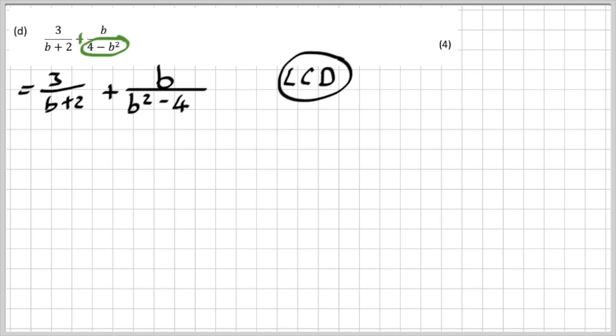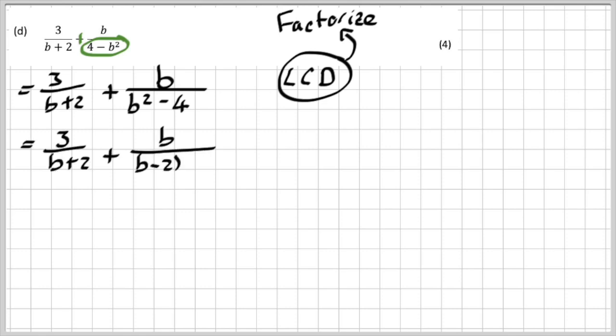So that b squared minus 4, I've got to first break up in factors by using a difference of two squares. So to get these factors, remember, I'm going to factorize all the denominators, giving me an LCD where I need, first of all, a b plus 2.